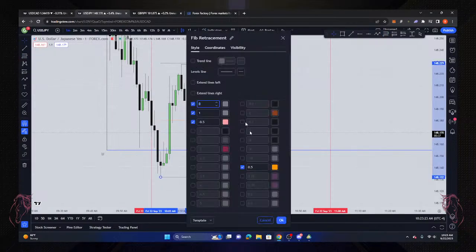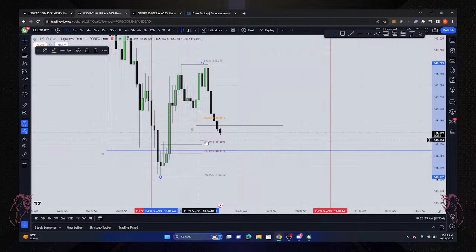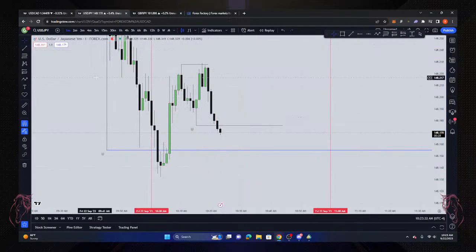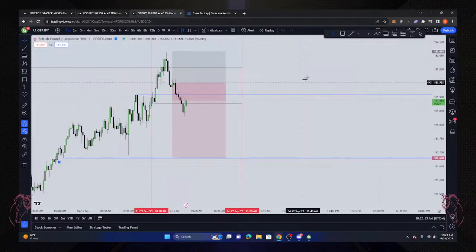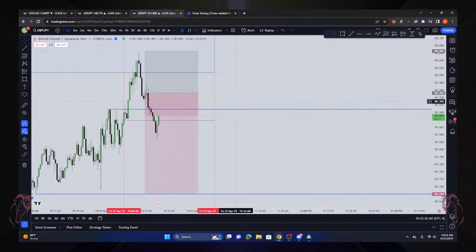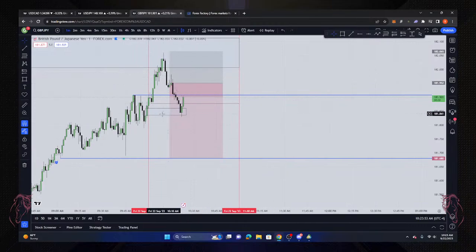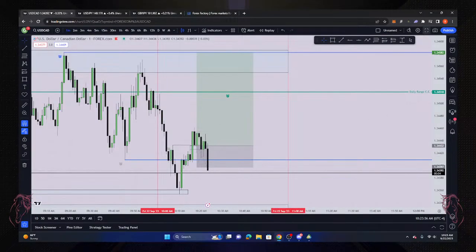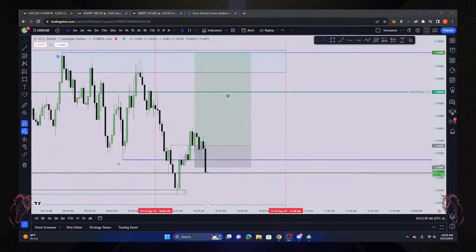Let's see where the OTE level of this candle is, or of this run right here. See what it wants to do. Okay. GJ pulling back just a little bit. So now we just wait and see.